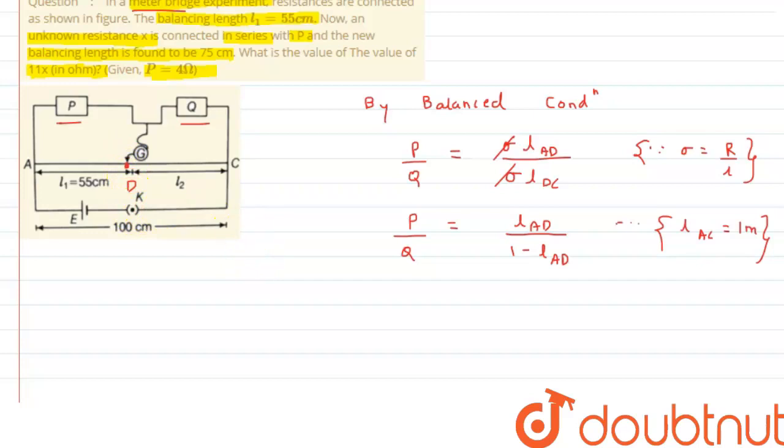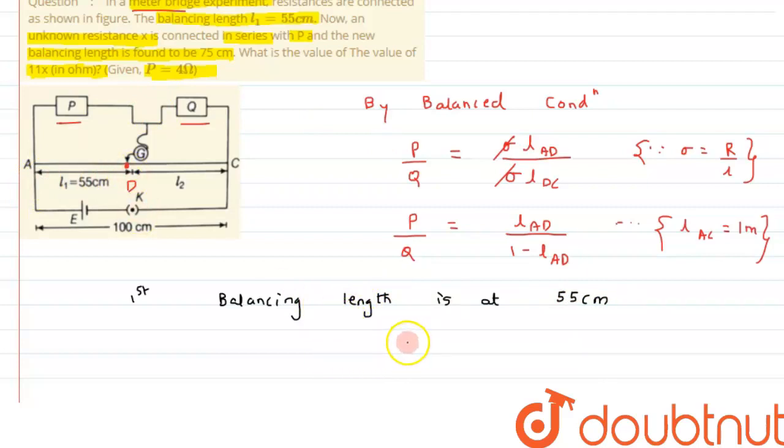So according to the first condition, when the balancing length is at 55 centimeter, it's been given, that is basically the length of AD we have been given.